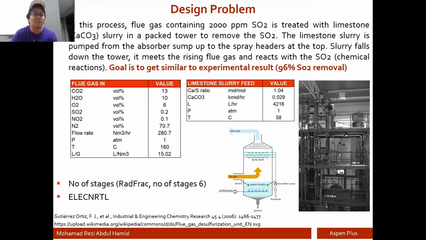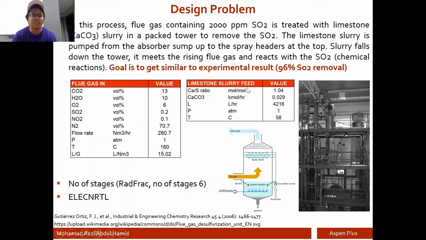The goal of our simulation is pretty straightforward. We would like to obtain SO2 removal similar to the experimental result, which is 96% SO2 removal. But if we get better SO2 removal, that would be even better. This table shows the condition of the incoming flue gas as well as the condition of the limestone slurry feed.